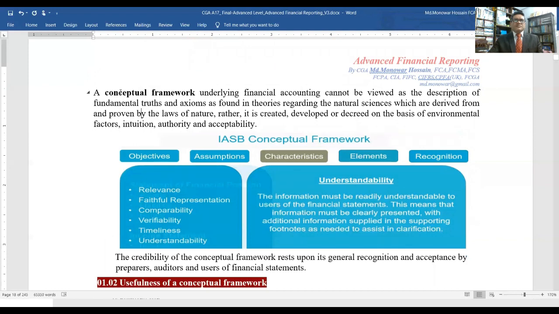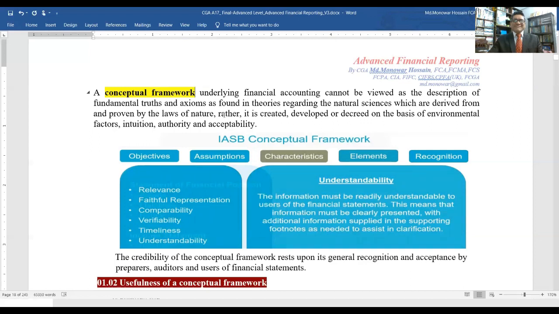A conceptual framework underlying financial accounting cannot be viewed as the description of a fundamental truth, as in the natural sciences, which is derived from the laws of nature.